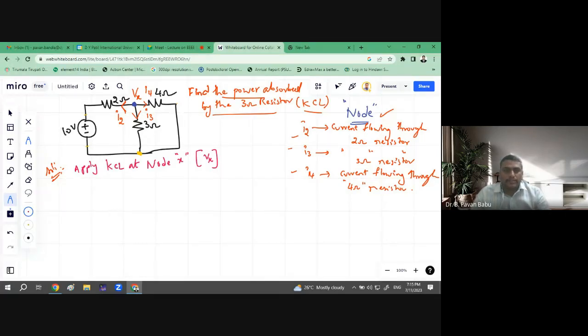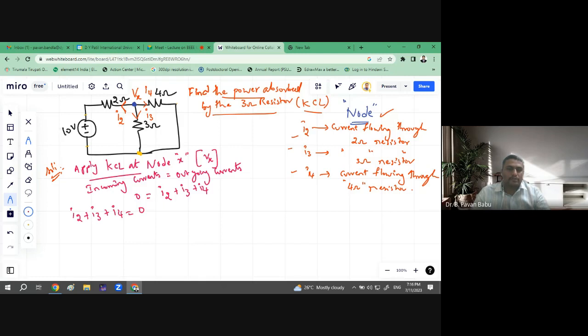Applying KCL at node X, as per KCL, incoming currents is equal to outgoing currents. What are the incoming currents for node X? There are no incoming currents, because I have considered all as outgoing currents. So incoming currents equal 0, and outgoing currents are I2 plus I3 plus I4. So I rewrite it: I2 plus I3 plus I4 equal to 0.